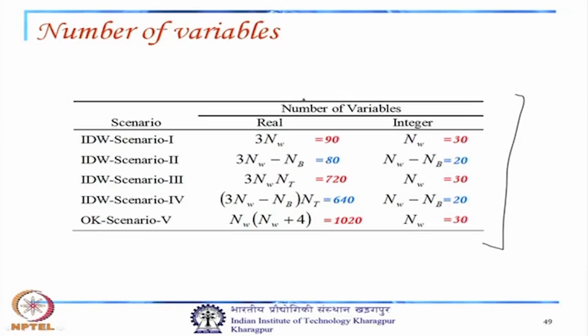That is why it is giving a guaranteed global optimal solution. You can see that the ordinary kriging scenario has 1020 real variables and NW, that is 30, integer variables.